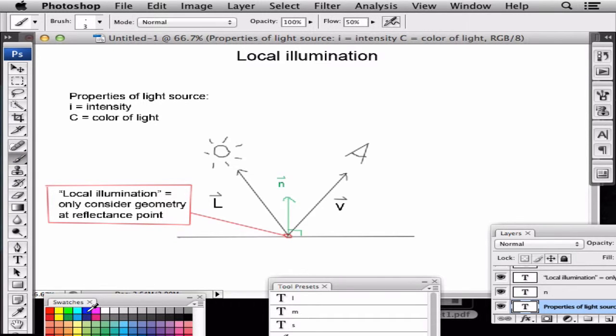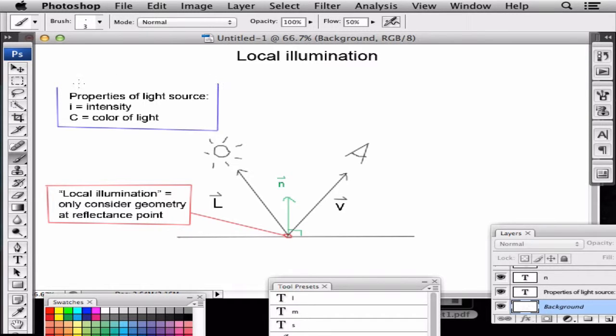They are distinguished in the book. It's two separate things. So that is some properties of the light source. The light source has other properties that could be important as well, but these are always the same, the intensity and the color, I and C.